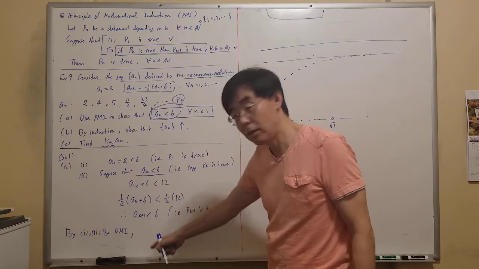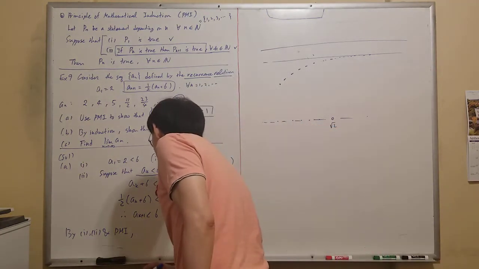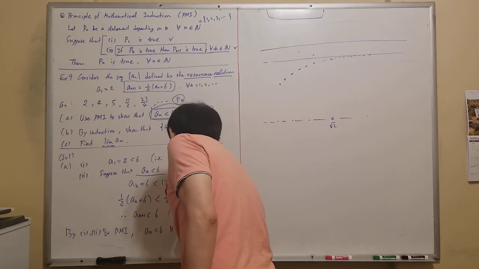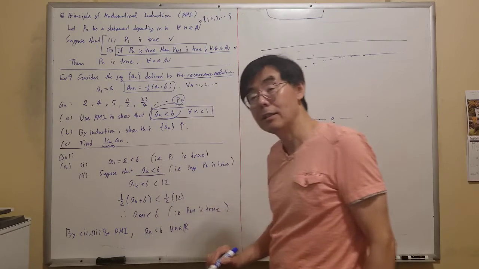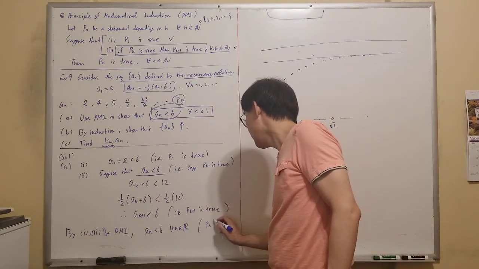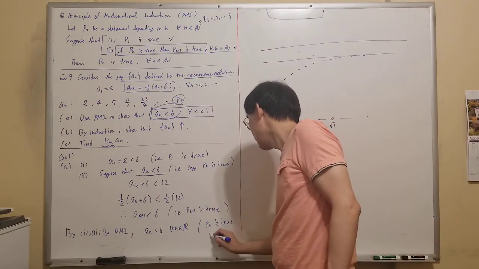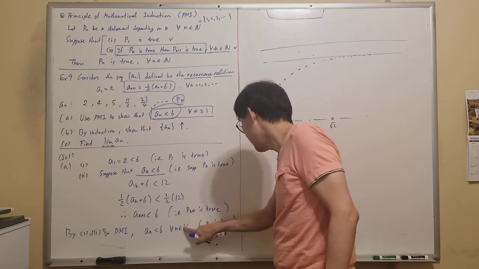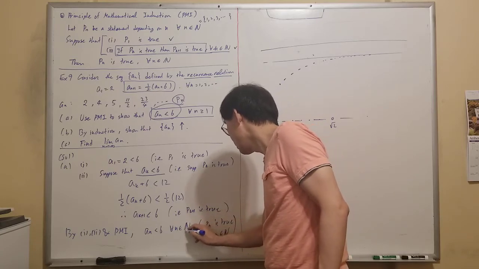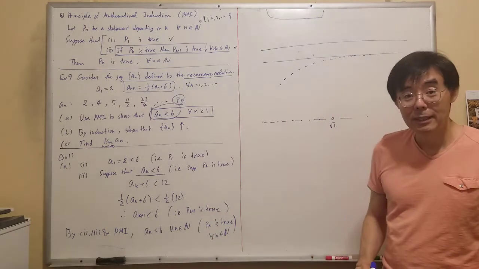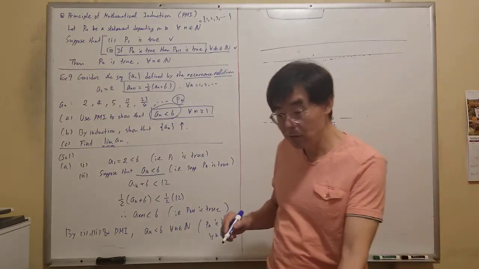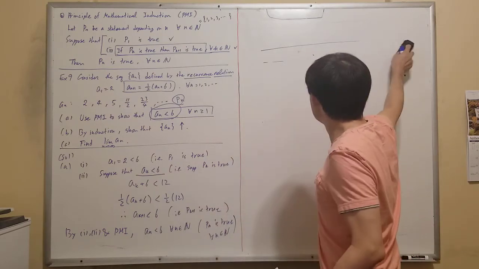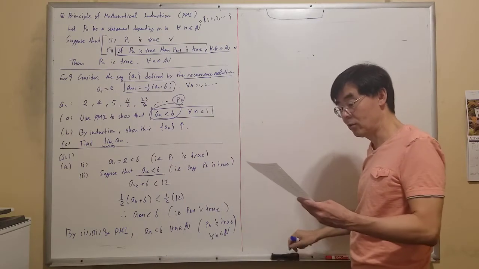By 1, 2, and PMI, now you can say that an is always less than 6, or Pn is true for all n, in the set of all natural numbers. Okay? This is a very typical way of using the principle of mathematical induction.